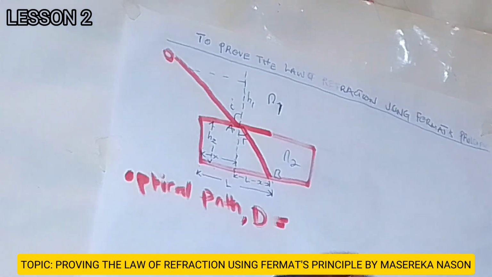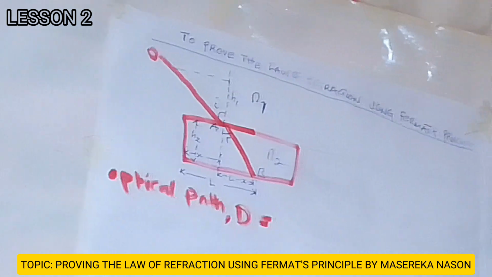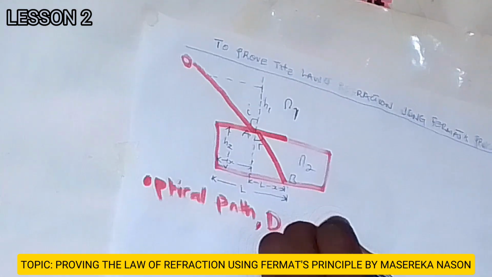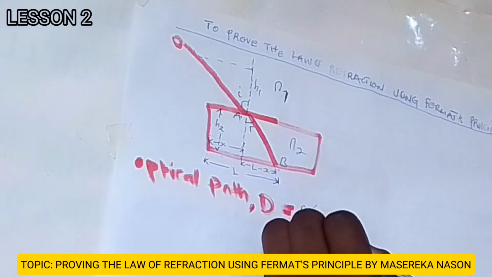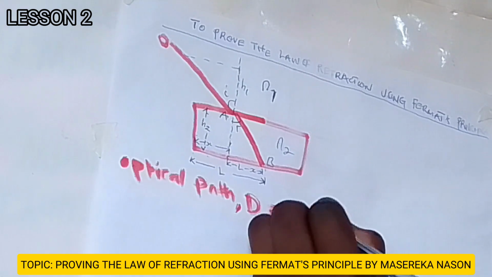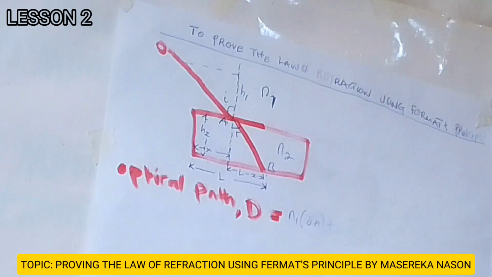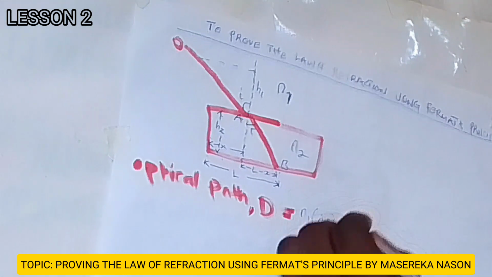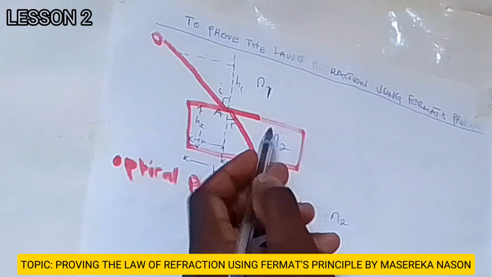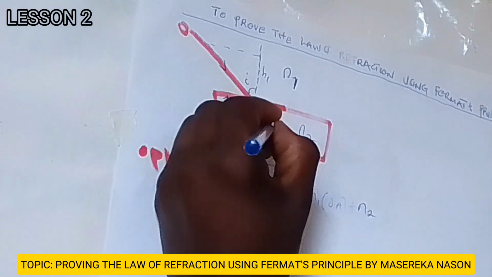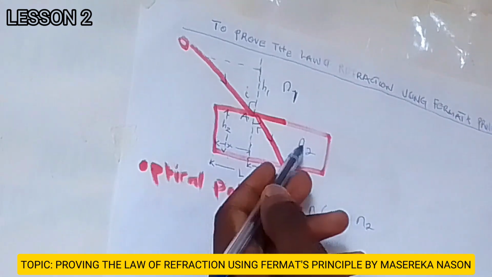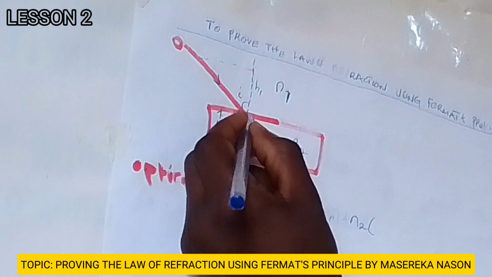So optical path is given by refractive index times the path length. So this is N1 times the path length from O to A plus, of course, when the ray reaches glass, our refractive index is N2, times the path length from A to B.